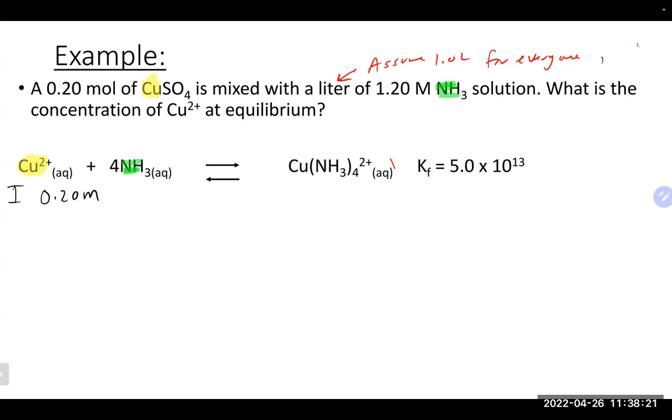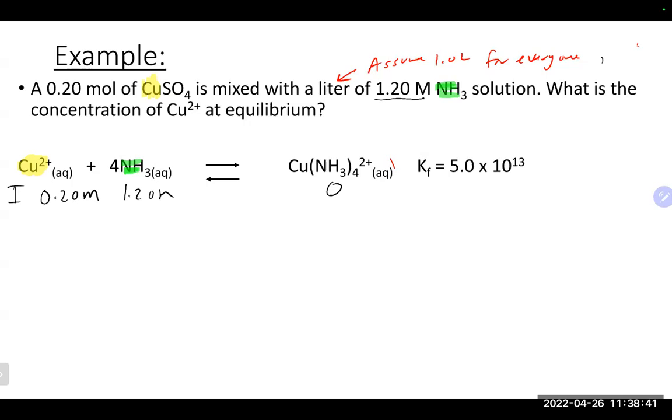Again, keeping everything at 1 liter just keeps the numbers the same. Same thing here: we have 1.2 molar of our NH3, and we would initially have 0 of our complex ion.